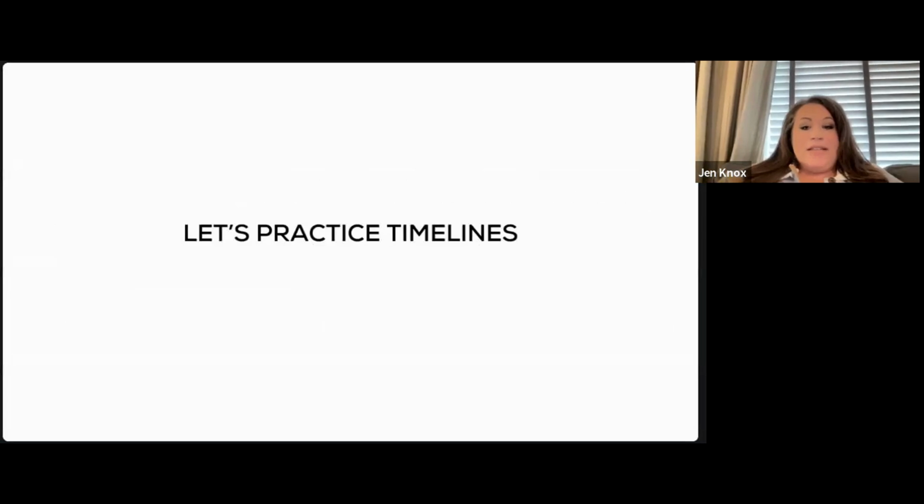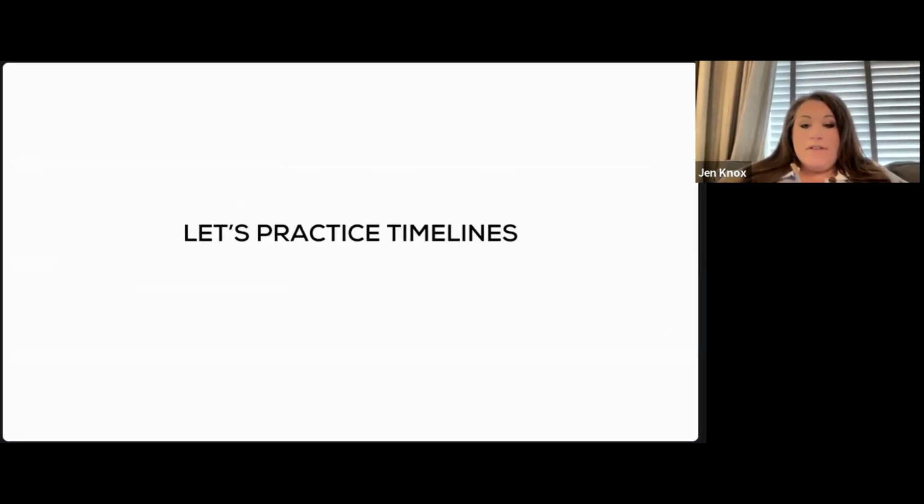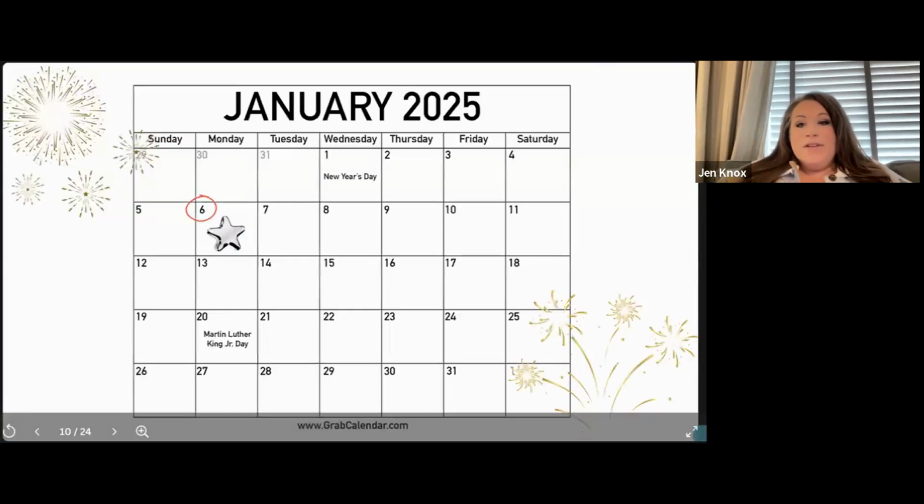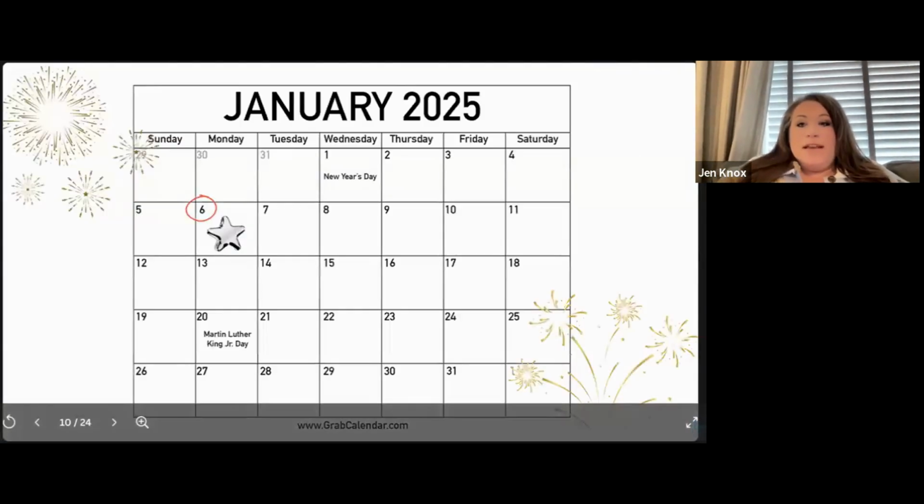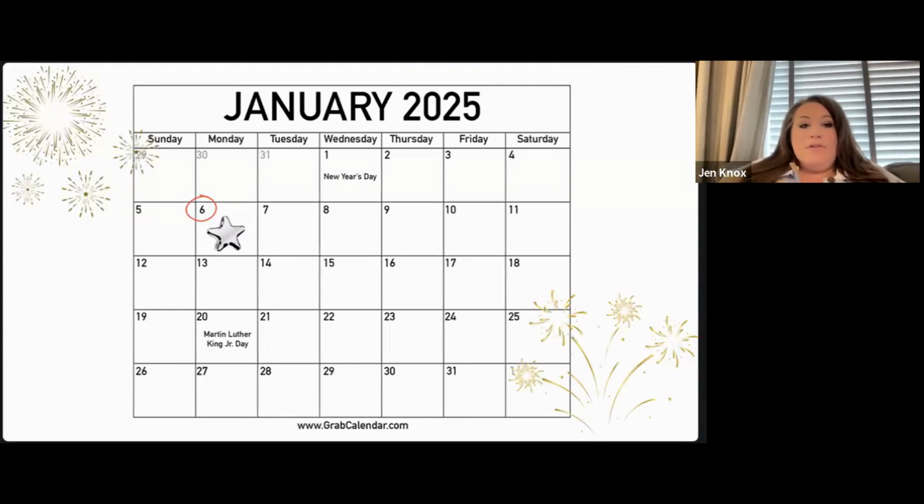Now, in order to do this, let's practice some timelines. These are the things that always kind of get held up, and they are at the most basic level that all of us should feel really comfortable with. So for this example, let's say mutual acceptance is January 6th.